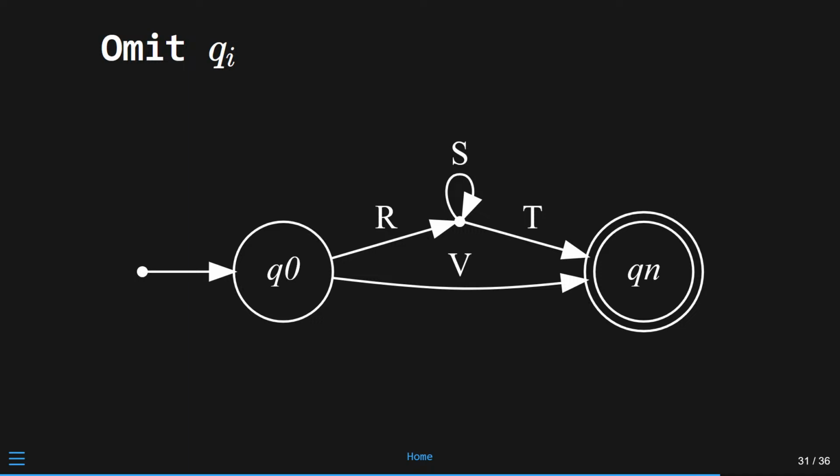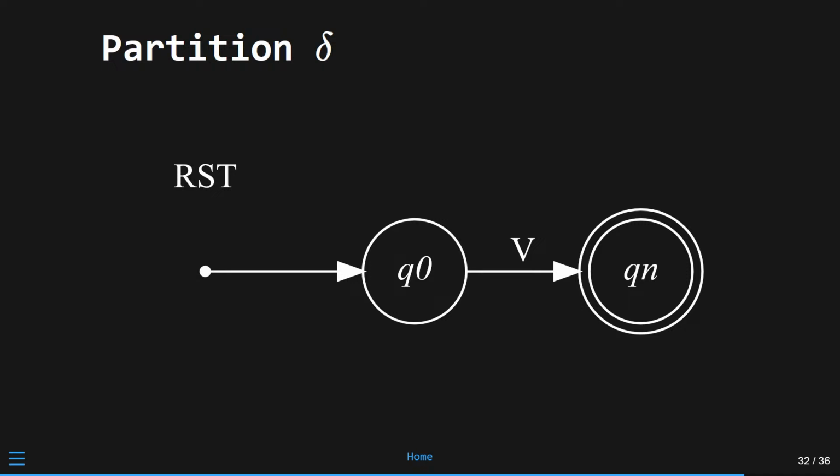I just imagine it's gone. That's all. It's just a thinking stage. What am I going to do now? I'm going to remove the edges that were incident. So the way I denoted this is I took out all of the edges and I put them over here. I still have those regular languages. I'm holding on to them. I know what they are. And they're called R, S, and T.